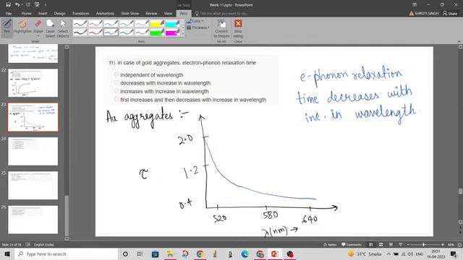So with increase in the electron oscillation, the electron oscillation and the phonon spectral overlap happens, and the interfacial scattering with more aggregation leads to faster relaxation time. So here the answer will be: the phonon relaxation time decreases with the increase in the wavelength.